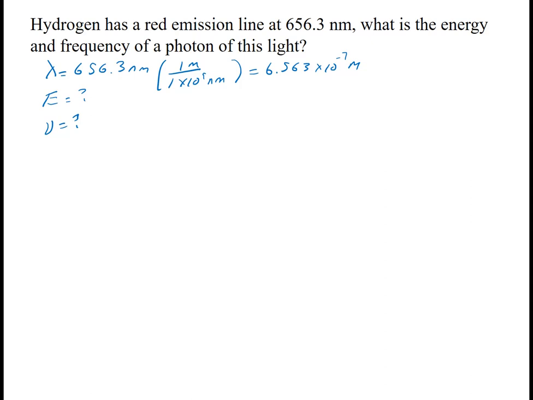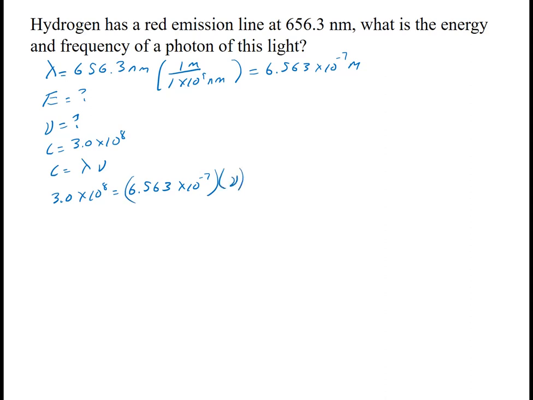So I'm going to do the frequency first because there's an equation with lambda and frequency in it. And that equation is c is equal to lambda nu. And c is that constant of 3.0 times 10 to the 8th, or if you want to use 2.99, you can. So I have 3.0 times 10 to the 8th is 6.563 times 10 to the minus 7th times nu for frequency.